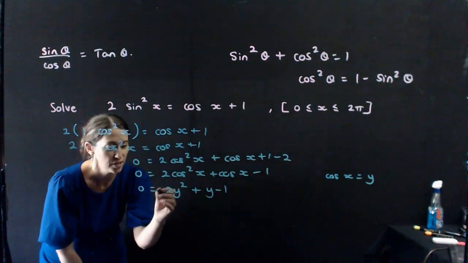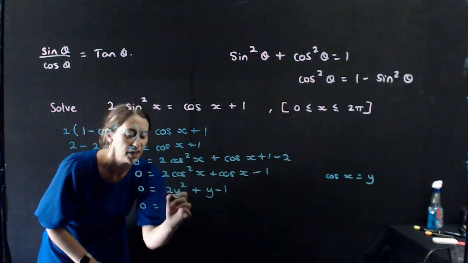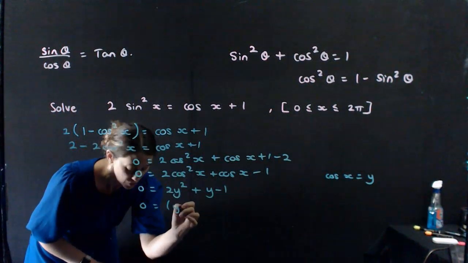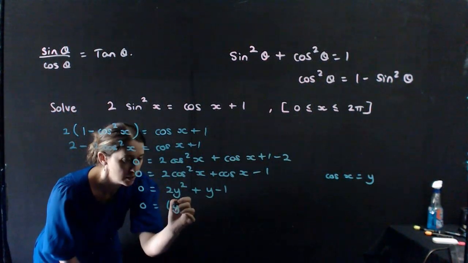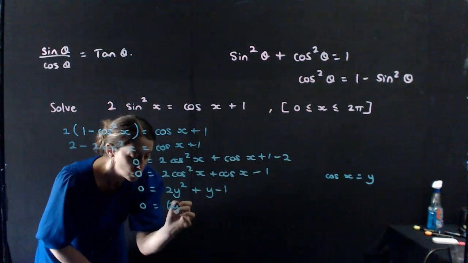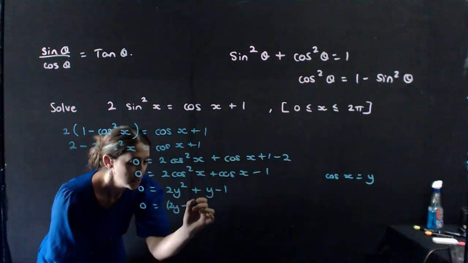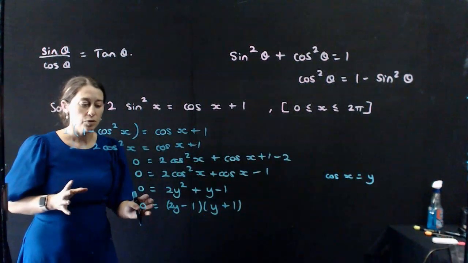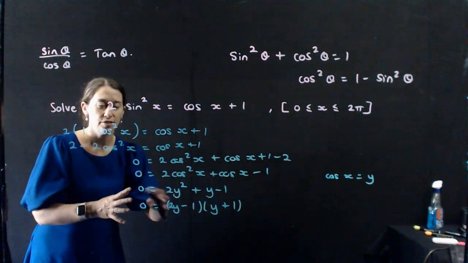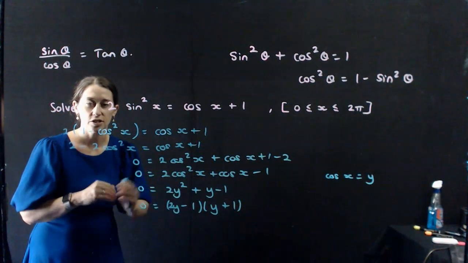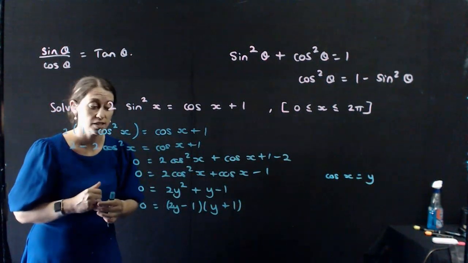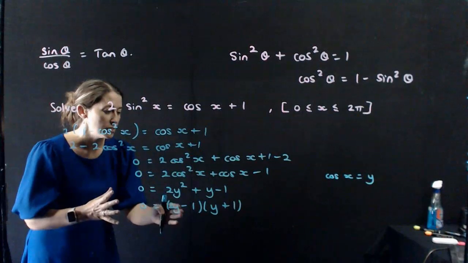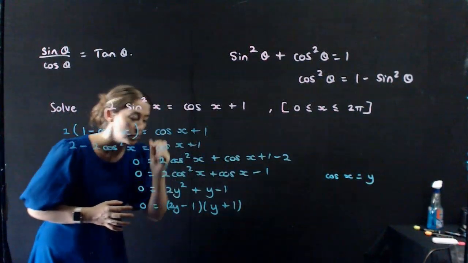Okay, so factorizing this then. We know that it's going to go into brackets, so we get 2y minus 1 and y plus 1. And of course, if you aren't sure how to factorize this quadratic, don't forget to check back on the factorizing quadratics video. So now we can substitute our original cos x back in.